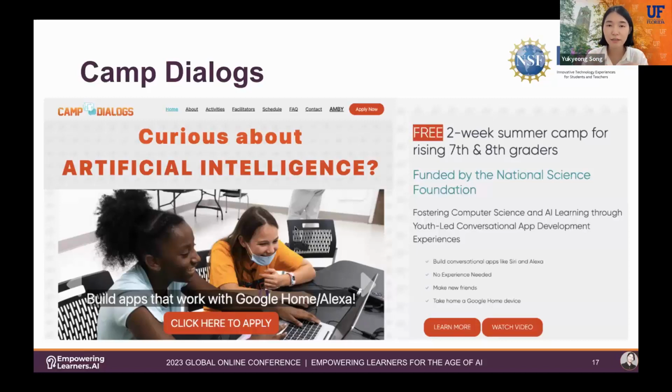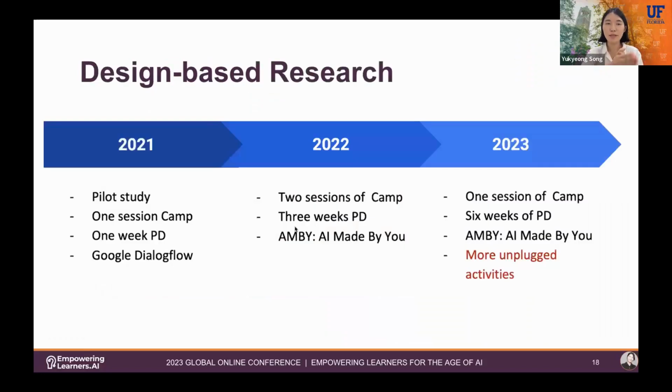So in this context, for developing the curriculum and the educational technology of the summer camps, we used design-based research. From 2021, for 3 years, we've been iteratively designing and developing our curriculum and our technology. In 2021, I'm not sure how many of you have heard of Google Dialogflow.